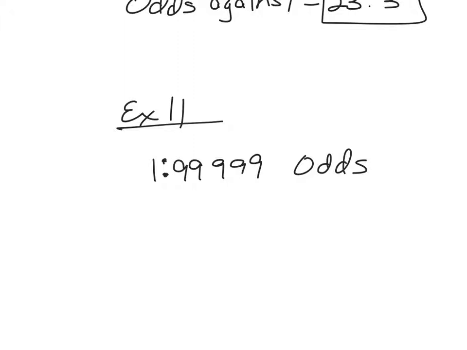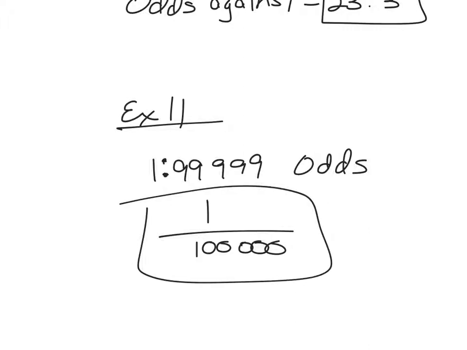Yeah, 1 to 100,000. So the top number still stays the same, but now instead of subtracting to get the bottom number, I'm going to do the reverse of that because I'm going back to probability, so I'm going to add to get the bottom number. If you take 99,999 plus 1, you'll get 100,000. So the probability of winning is 1 to 100,000.